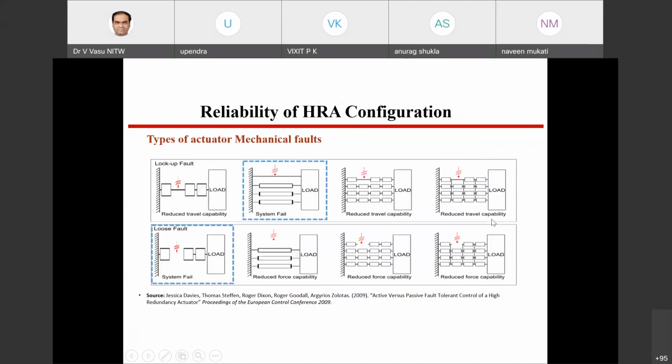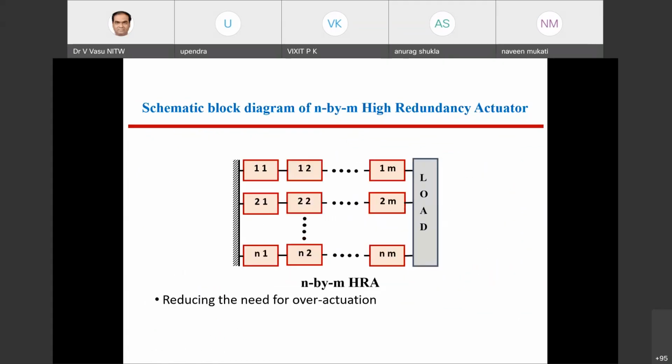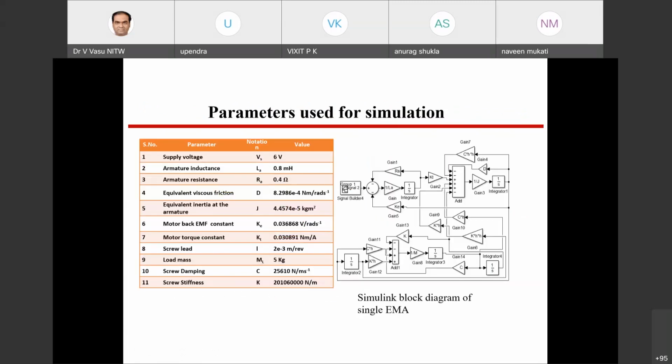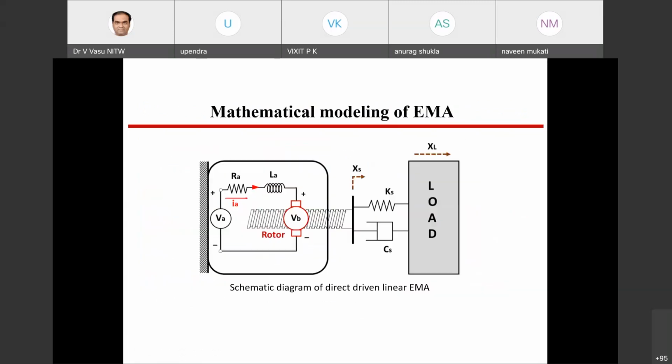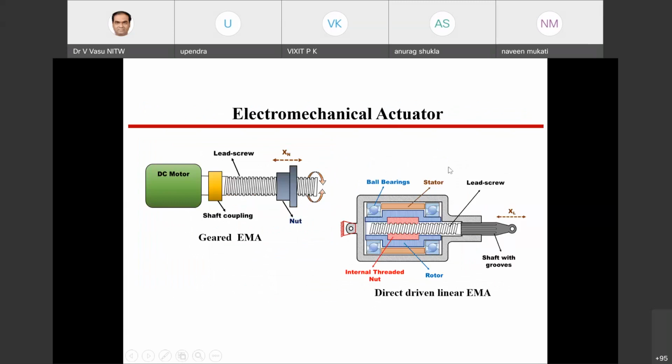If you want to design these types of systems, as I explained to you, we start with the basic subsystem. This is the basic subsystem, and these basic actuators are present in different combinations of series and parallel combinations.